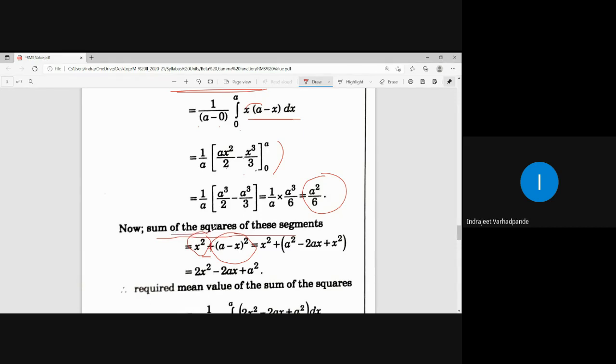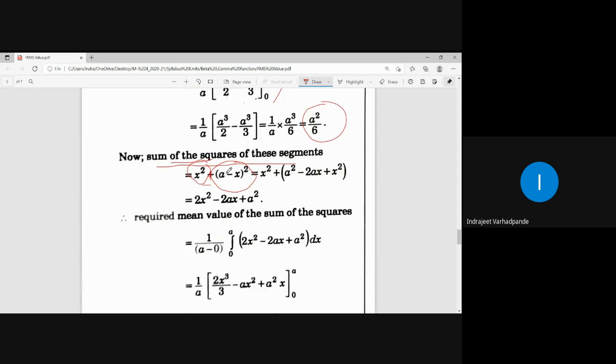That will give you the sum of the squares of these segments. So it is x square plus a minus x whole square. What is a minus x whole square? a square minus 2ax plus x square. Simplify. I am getting the result as 2x square minus 2ax plus a square.